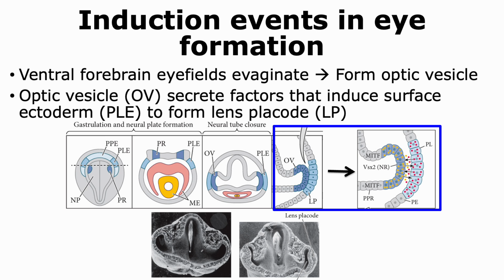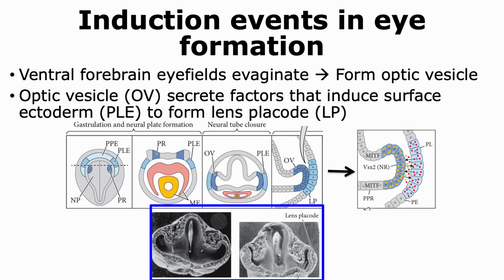And that is what is shown in the blue box, where we can see the optic vesicles contacting the surface ectoderm. And this surface ectoderm, shown as LP, which is the lens placode, thickens, and it is what becomes the lens placode through the paracrine factors that are produced by the optic vesicle.